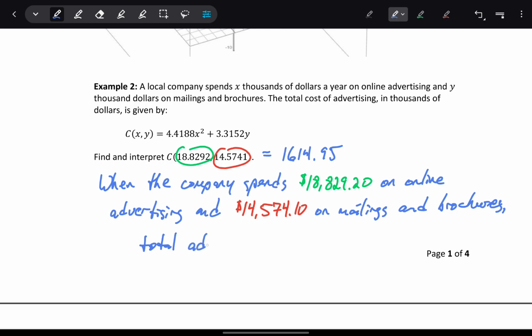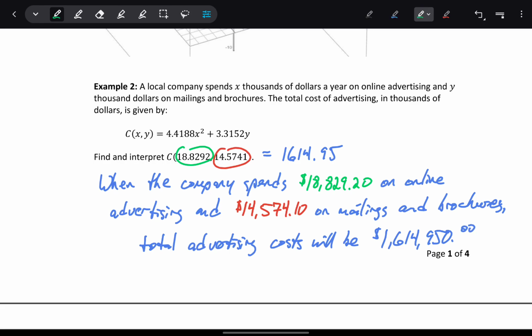Then the total advertising costs will be our function value, also multiplied by 1,000. So $1,614,950.